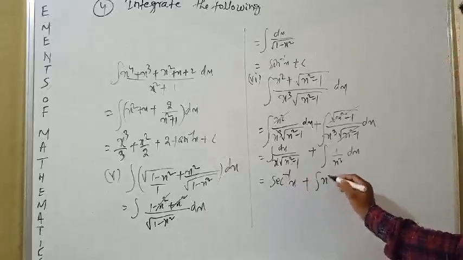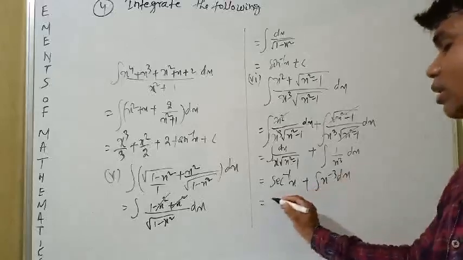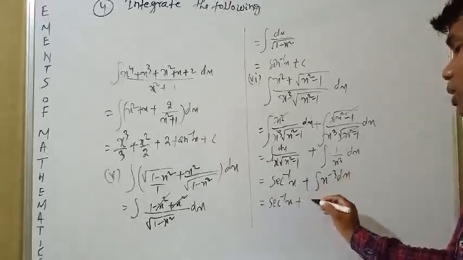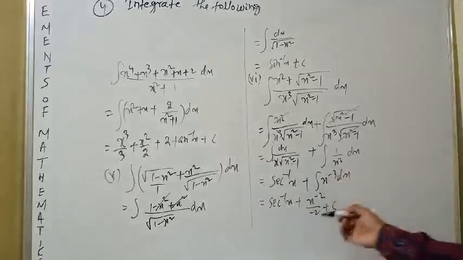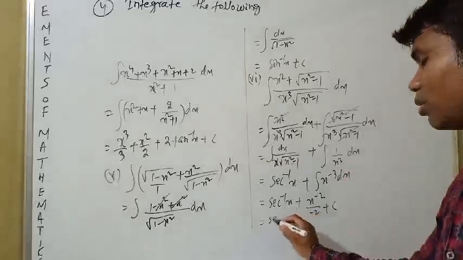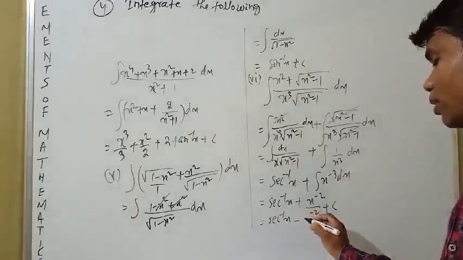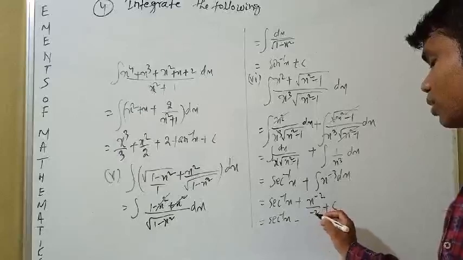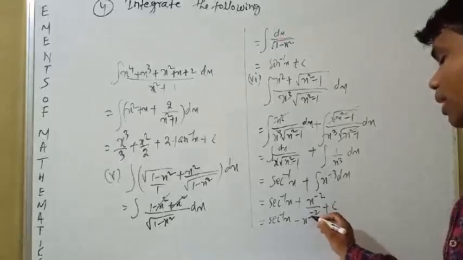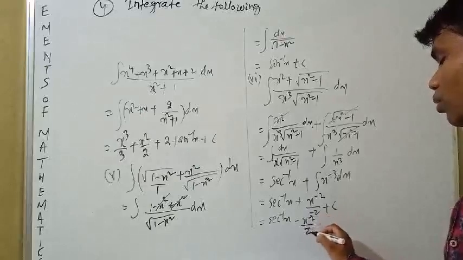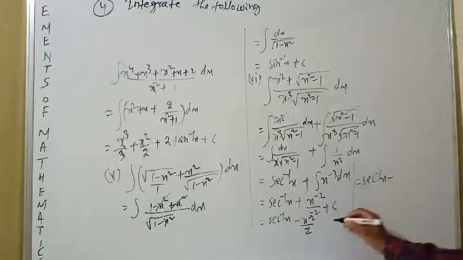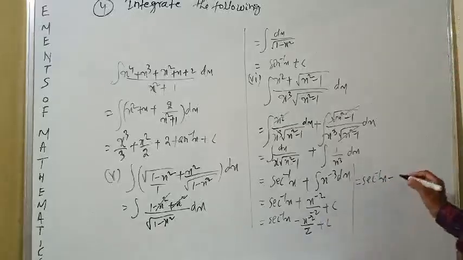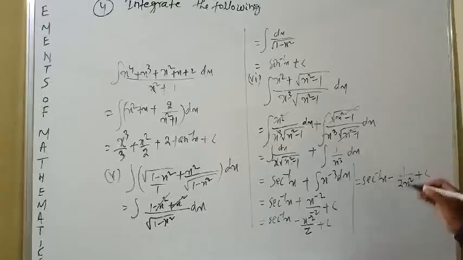Plus, you see this is x to the power minus 3 dx, is equal to sec inverse x plus x to the power minus 2 by minus 2 plus c, minus 3 plus 1 by minus 3 plus 1, is equal to sec inverse x minus x to the power minus 2 by 2. Write down: sec inverse x minus 1 by 2x square plus c. Pause the video, note it down.